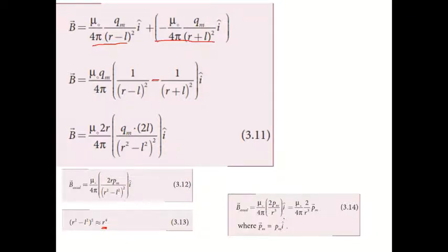Okay, so r power 4. In the numerator you have r, so if you cancel each other, you'll get r power 3, r cube. Okay?